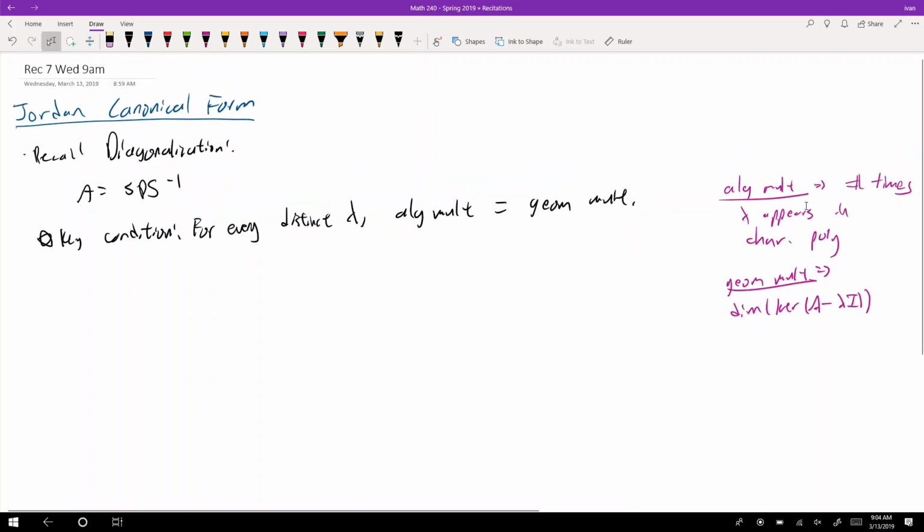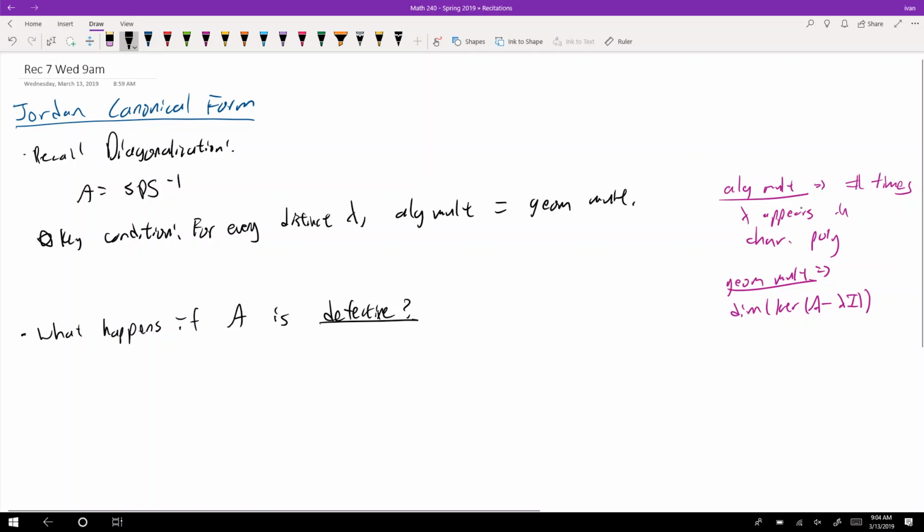Okay, so to be able to diagonalize a matrix, we need this condition where the algebraic multiplicity is equal to the geometric multiplicity for every distinct lambda that we have. But that's not always the case, right? It's not always going to work out this well. So the question now is what happens if A is defective?